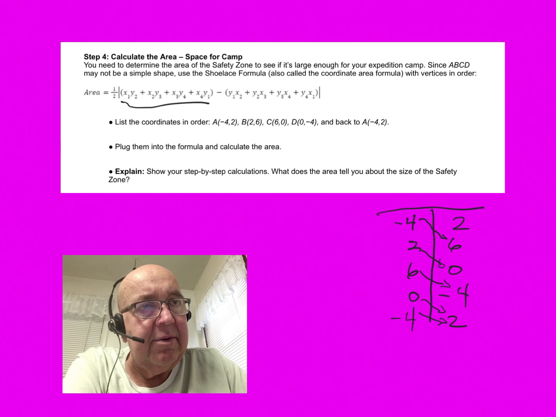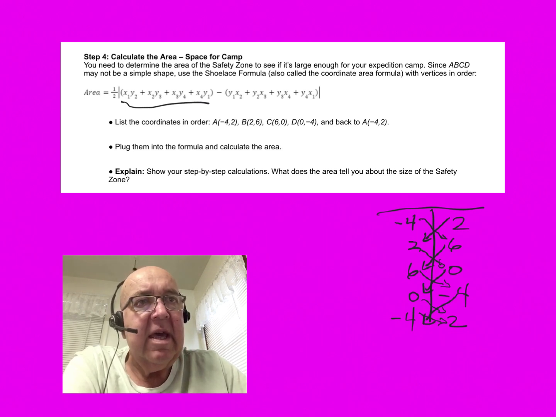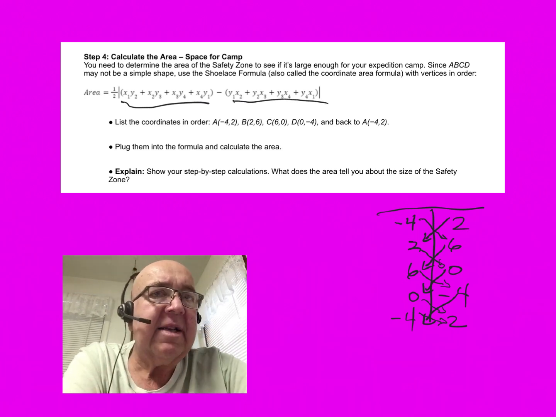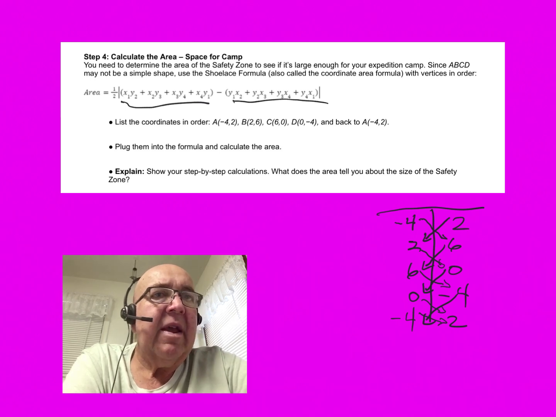Then I'm going to reverse that. I'm going to multiply the values this way, this way, this way, and this way to get the values of the y times x. I'm going to find the sum of each of those. I'm going to find the difference.